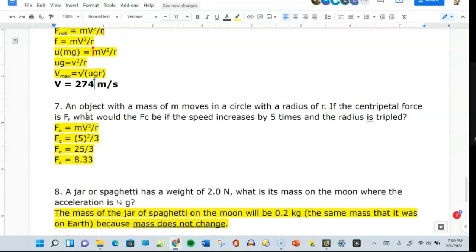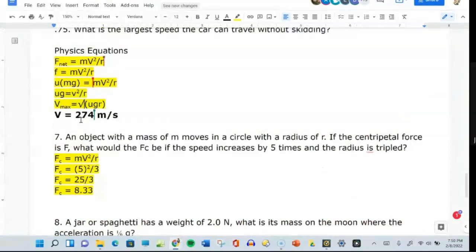Sorry, what do you mean by when it is too fast for friction to handle? Well, when are you in trouble if you're running in a circle or driving a car in a circle? You're never in trouble. You never worry about not having enough friction if you're going very slowly. When you put your friction to the test is when you're going too fast. We just solved for 274.